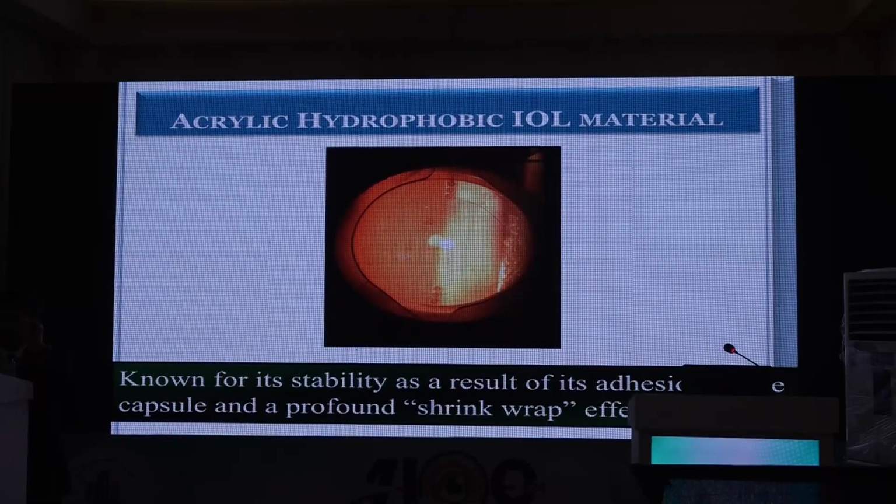If you have a good capsular axis which is just covering the IOL optic margin, it will have a nice shrink wrap effect. And if you have removed the viscoelastic from behind the IOL, there is no chance of any post-op rotation. If you have any such thing, Dr. Harshal will be mentioning all those surprises that we can get after implanting a toric IOL in its position. So thank you very much. I will thank Dr. Vanashri once again for the opportunity.